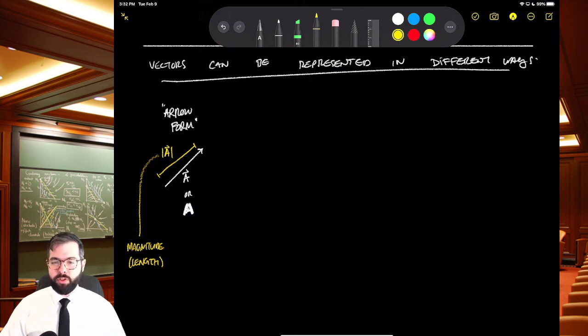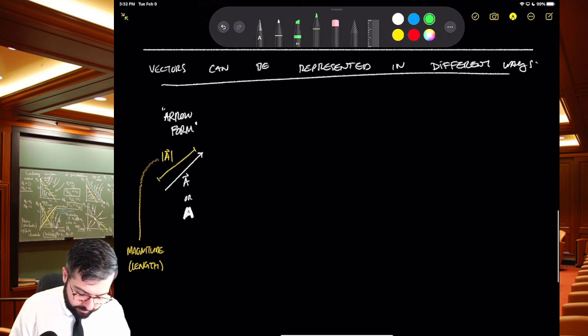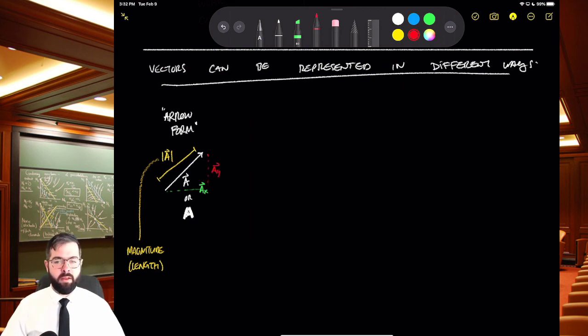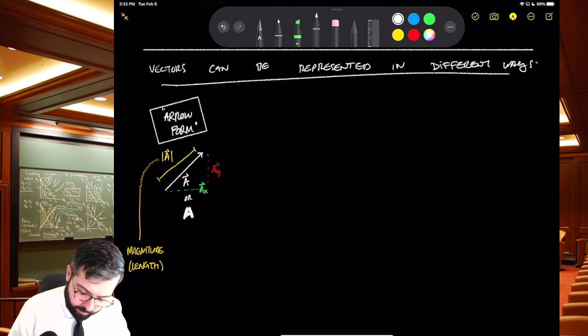And then we also have a direction, okay? And so this vector A, if this is in the 2 space, has an x component and a y component. How far over, how far up? This is arrow form.